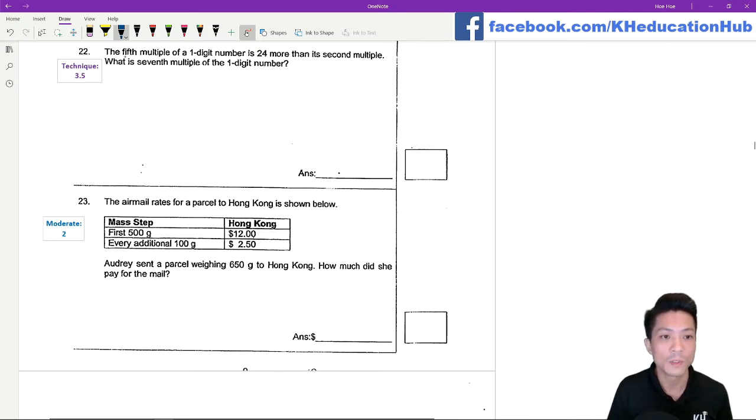Question 22. The fifth multiple of a one-digit number is 24 more than its second multiple. What is the seventh multiple of the one-digit number?